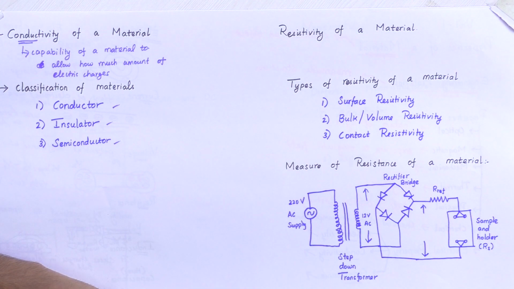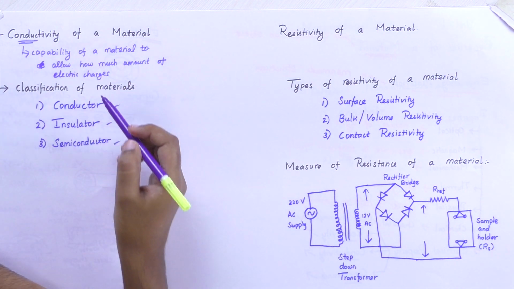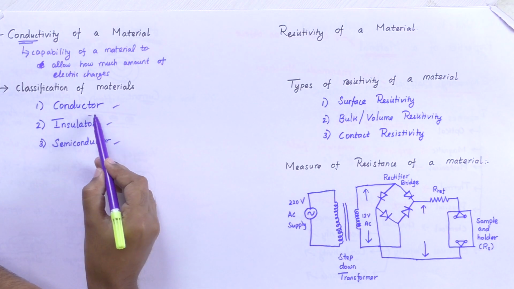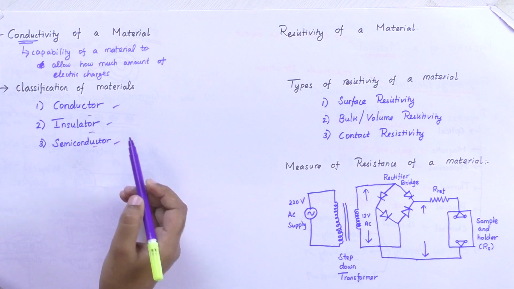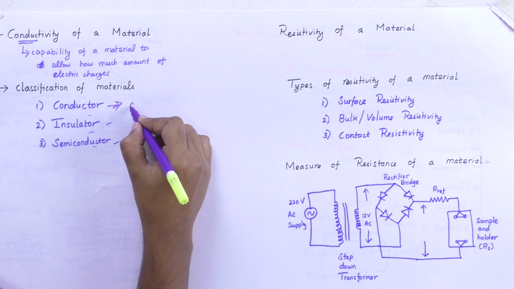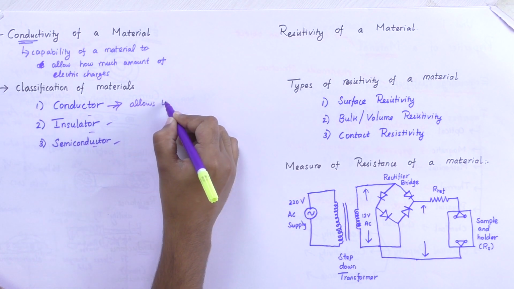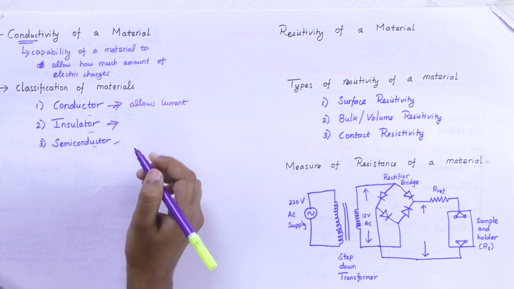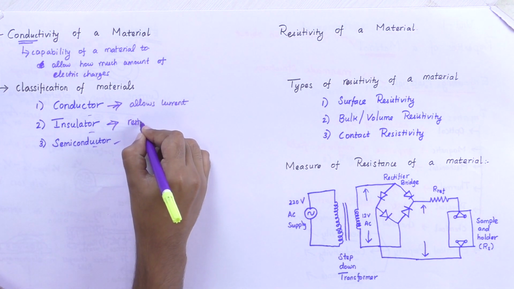So next, as I said, based on the conducting nature of the material, the materials are classified into three types. We will say conductor, insulator and semiconductor. First of all, conductor. A conductor is the thing which allows current to flow through it. Insulator restricts current.